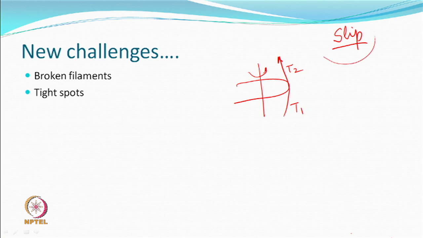Again there is something called a slip. So, let us say the yarn is moving from bottom to top. The yarn was in contact with the disc surface, which is also rotating, and certain twist was getting inserted in the yarn.